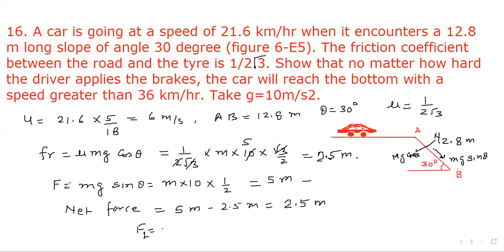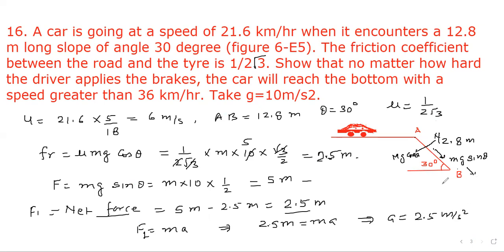But since we have written mg sine theta as F, the net force we are writing as F1. So F1 equal to ma. So we can equate this: 2.5 m is equal to ma, from where we get a equal to 2.5 meter per second square. So we have got the acceleration in the downward direction.